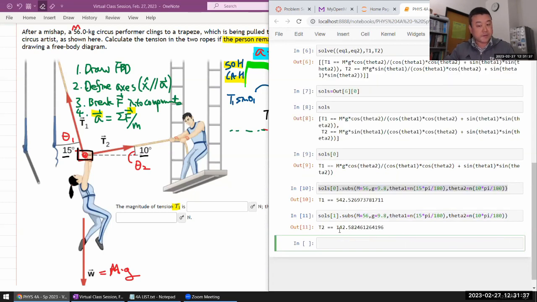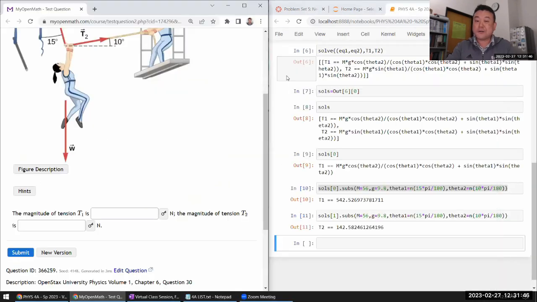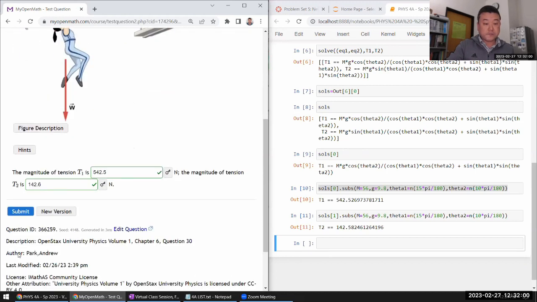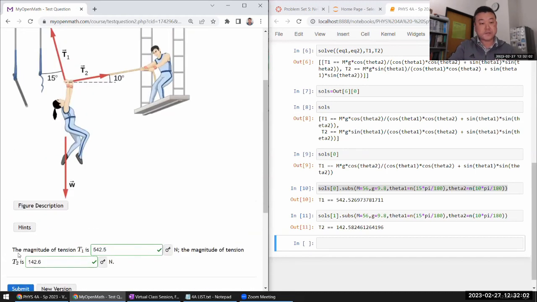And that's my value of tension 2: 142.6. So let's see if it works. 542.5 and 142.6, and it agrees within 1% tolerance. So I didn't actually need that fourth digit. Three significant figures should be enough. So yeah, that's the correct answer.